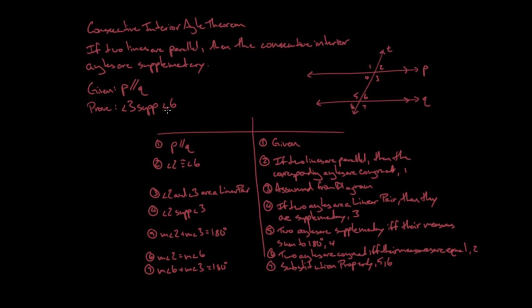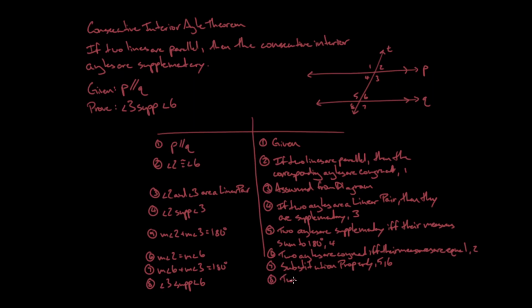Now I've got my last thing here, which is my statement that says that angle 3 is supplementary to angle 6. What does it mean for two angles to be supplementary? It means that they sum to 180 degrees. So I just need to rewrite this statement and say that angle 3 is supplementary to angle 6. How do I know that to be the case?